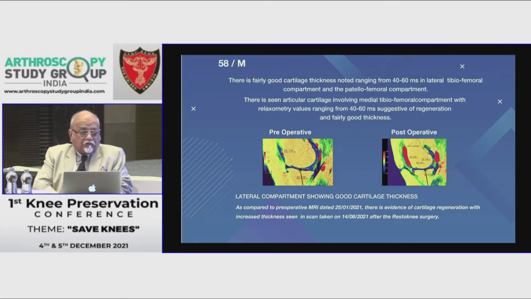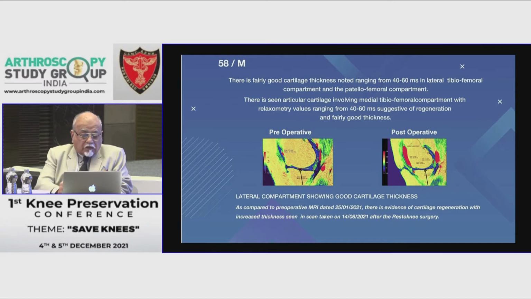Third case, a 58 years old male, where the same thing was done, and the lateral compartment also showing good cartilage thickness as compared to preoperative MRI dated 25/1/2021. There is evidence of cartilage regeneration with increased thickness seen in scan taken on 14/8/2021.